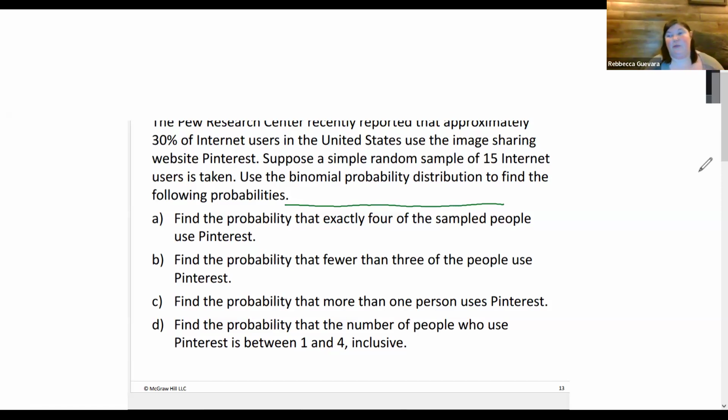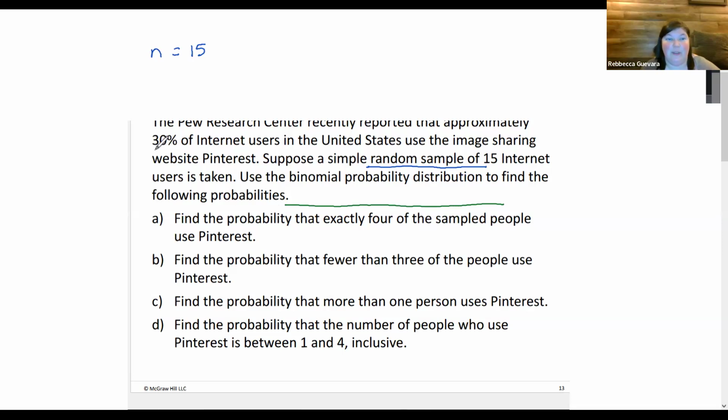One of the things we might want to look at is what a probability distribution would look like. I'm going to do this off to the side here. From the information we have, I know that I have a simple random sample of 15, so I have 15 trials to look at. And I am looking at the probability that people are using Pinterest.